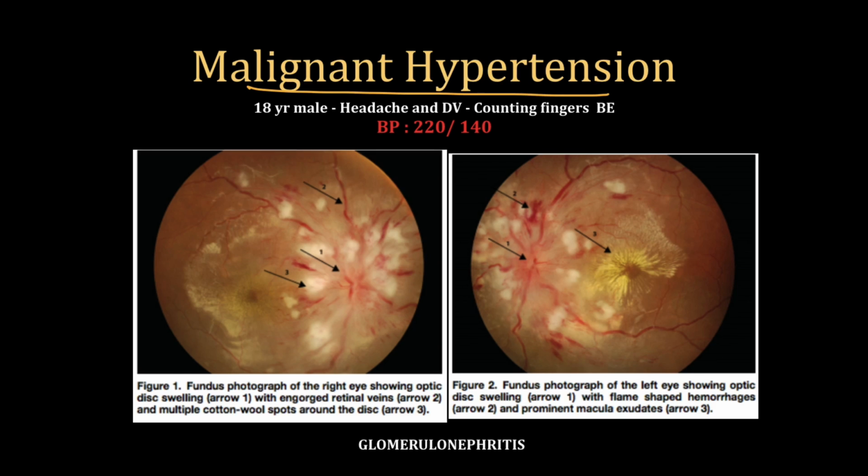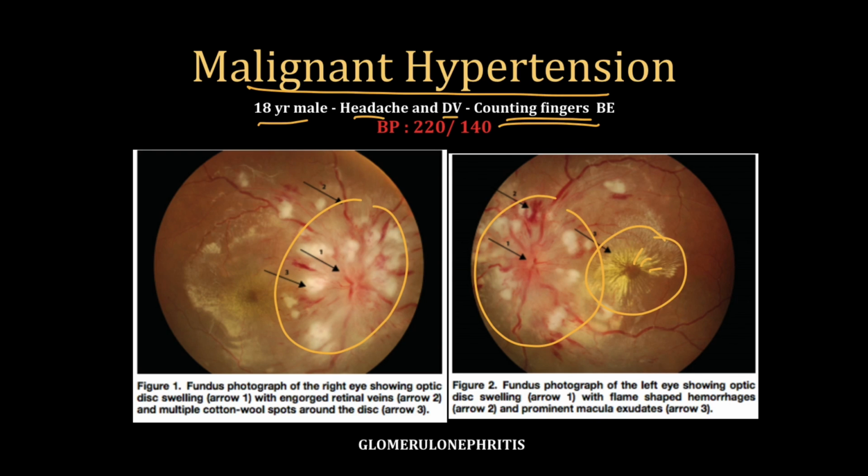I remember seeing a patient who was 18 years old. He came to the OPD complaining of headache and defective vision, and there was a gross visual disturbance. He was able to count fingers only. When I saw the disc, I had a look at this picture. You can see that's a very gross, very marked and very dangerous looking eye. The discs were blurred in margins. You can see the macula getting involved.